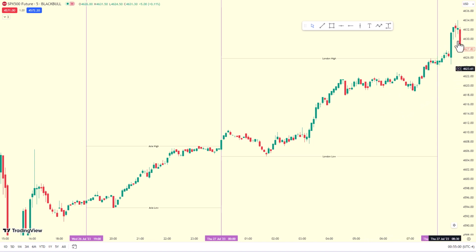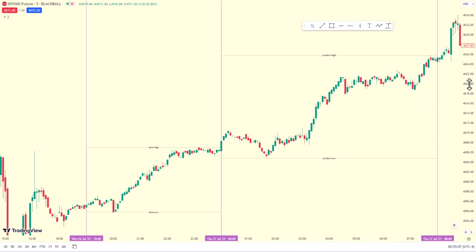Once I have identified a liquidity sweep, the next part I look for is a displacement to the opposite direction, which in this example is to the downside. So now that we've gotten a liquidity sweep to the upside, I want to see us purge an internal low.